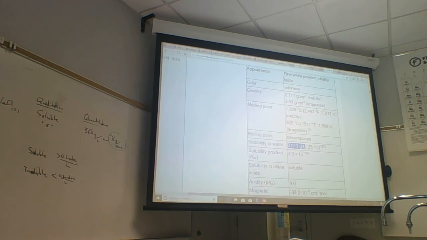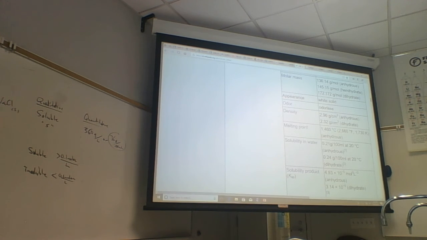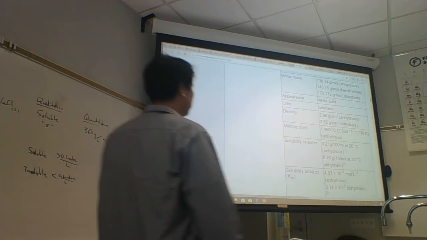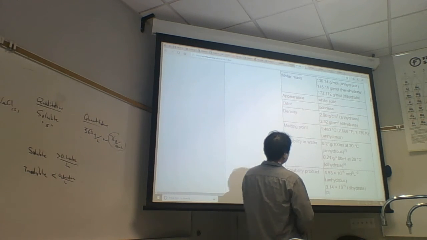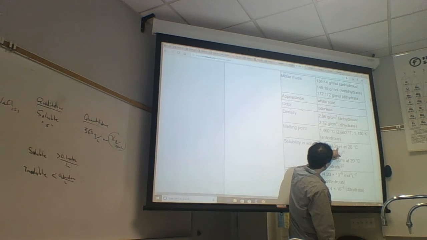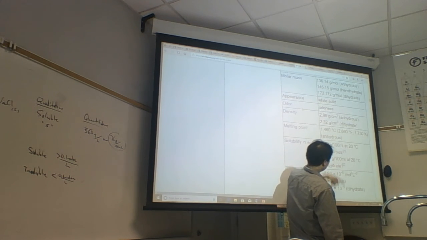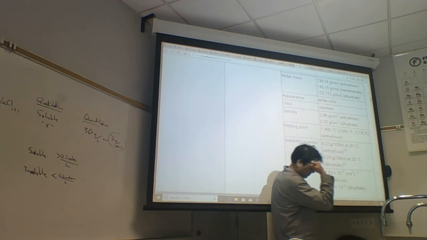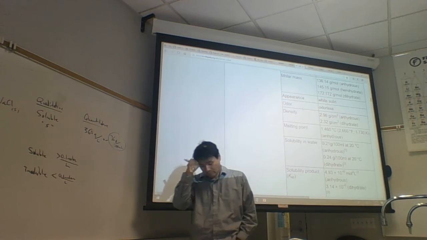How about calcium sulfate? That was 13 milligrams per liter. Calcium sulfate is 2.1 grams per liter. For a liter I have to multiply by 10, so 2.1 grams. So calcium sulfate is quite a bit more soluble.